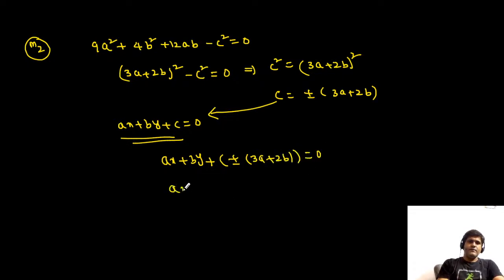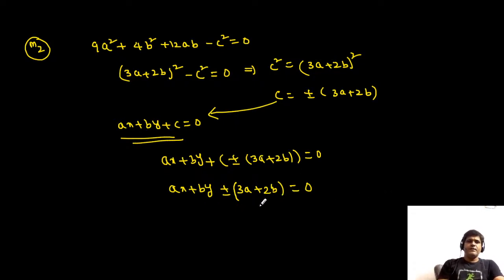That is ax + by ± (3a + 2b) = 0. If you open the bracket, you get ± 3a ± 2b.